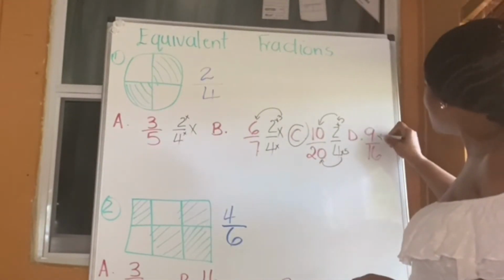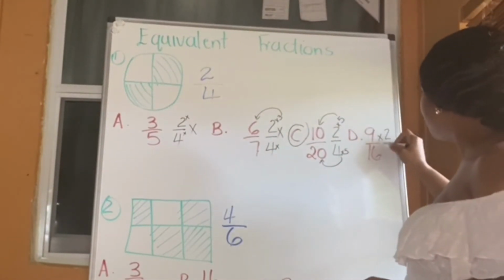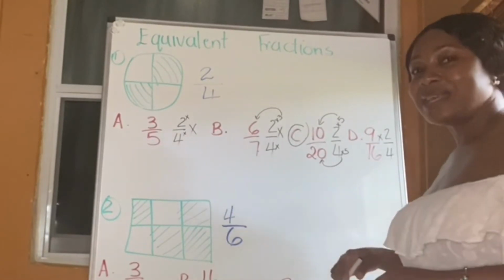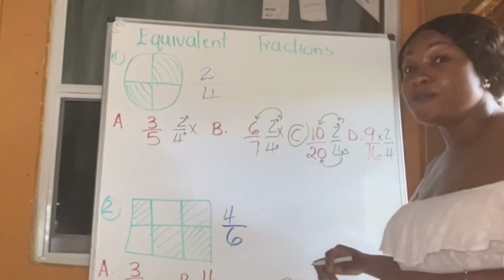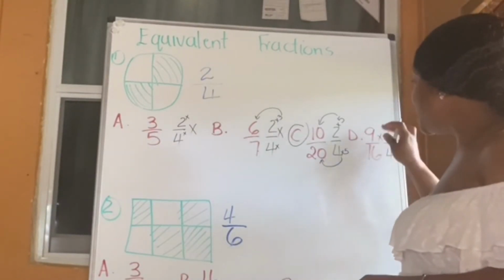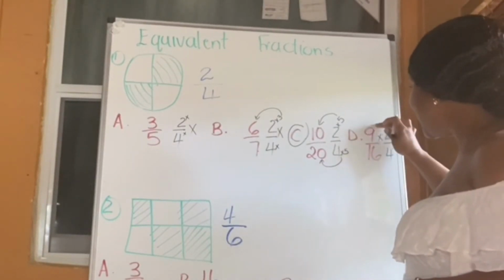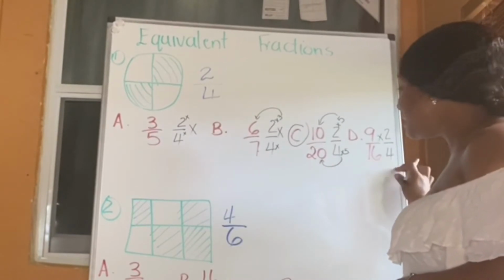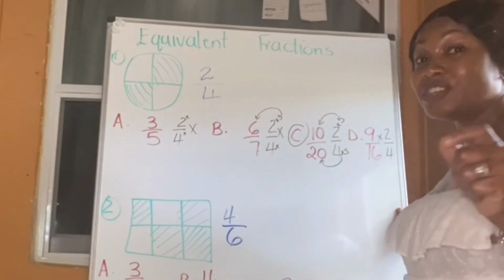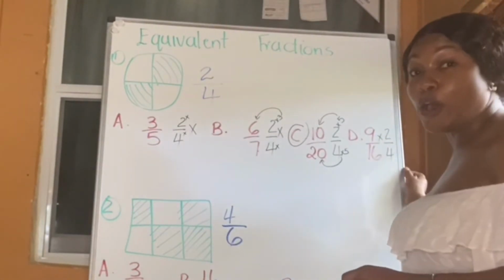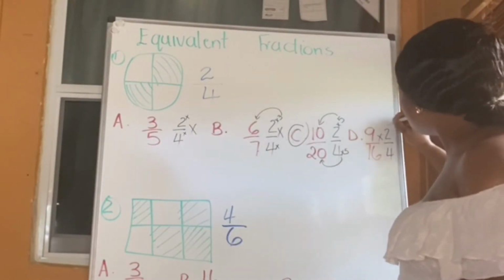Let's try answer choice D. So again, I'm writing my 2/4. 9/16 is bigger than 2/4. Sorry, yes. 9/16, the 9 is bigger than 2, the 16 is bigger than 4. So there's nothing I could multiply by 9 or 16 to get 2 or 4. So let us come over this side.